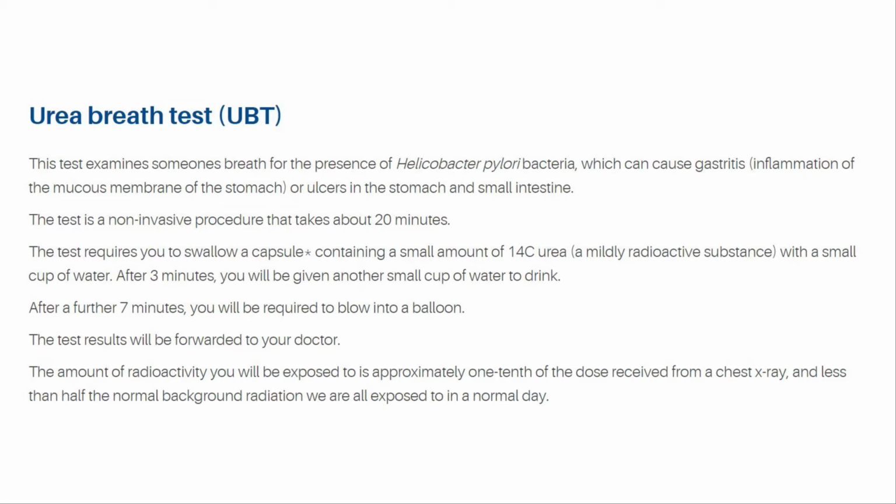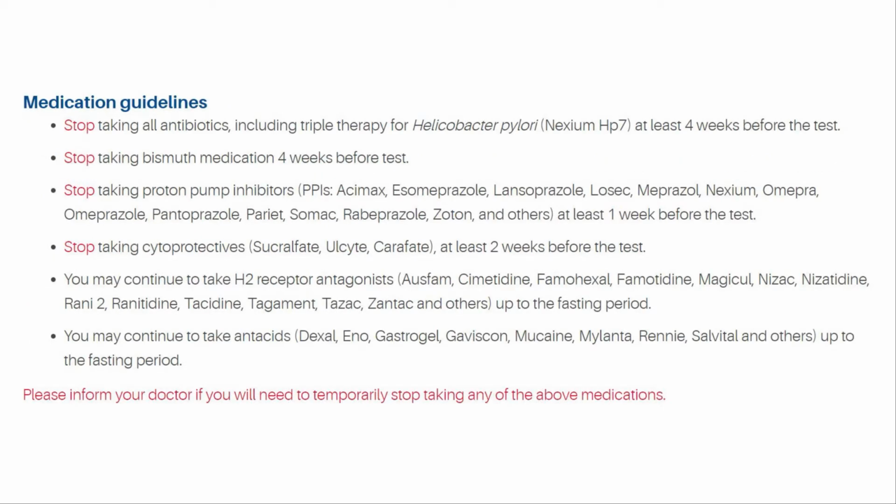And then you breathe that out into a bag, and if they detect the radioactive CO2, then they know that there must have been some organism in your stomach that had urease activity to convert the urea into CO2. So that's one way to confirm the presence of Helicobacter pylori, but you can get false negatives and false positives if you are on antibiotics or PPIs.